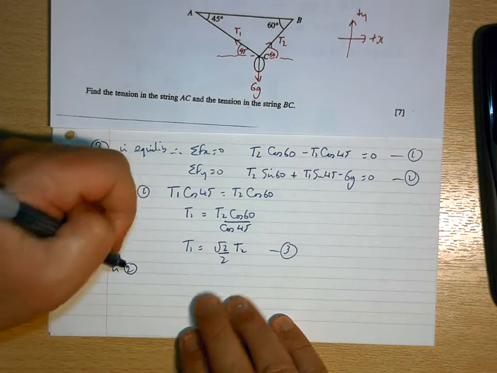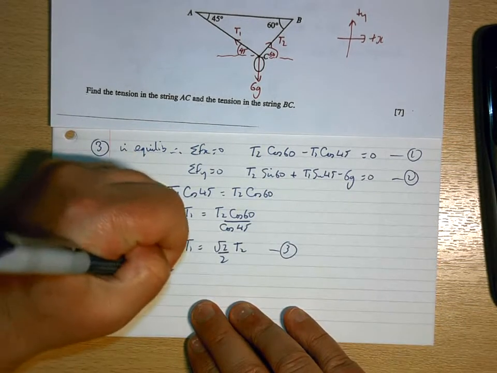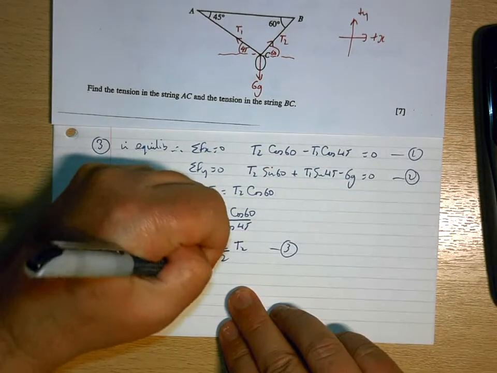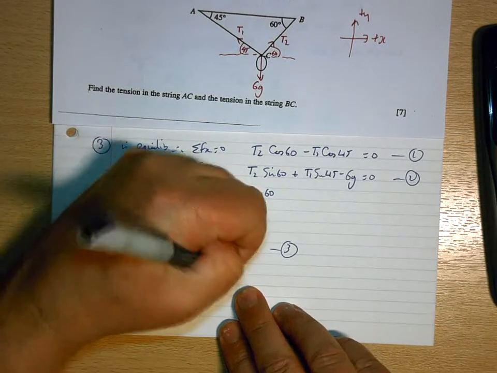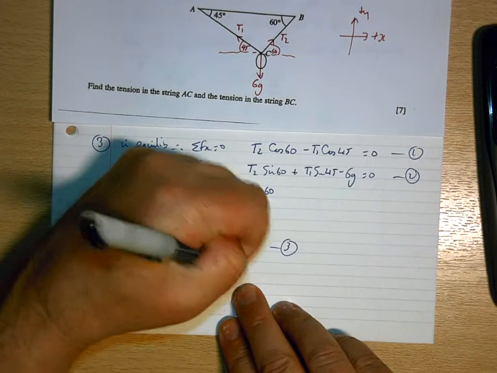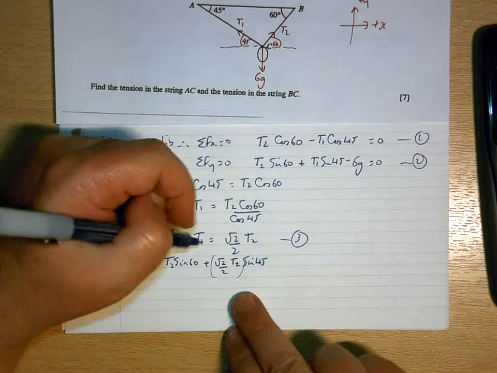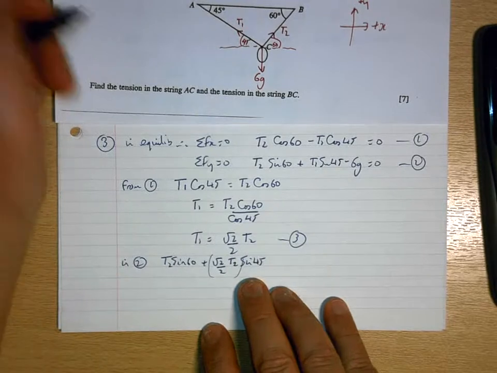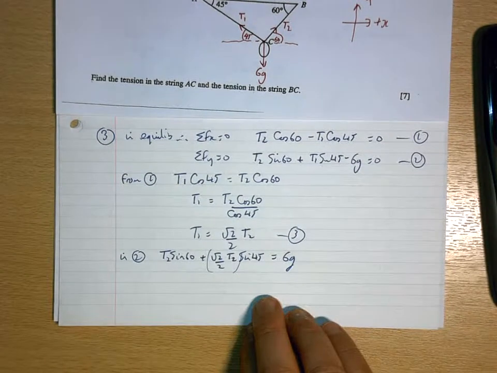So in 2, I want T2 sine 60 plus T1 sine 45, which is root 2 over 2 T2 sine 45. So the T1 I replaced with the root 2 over 2 T2 sine 45, and if I take the 6g over, I get that.